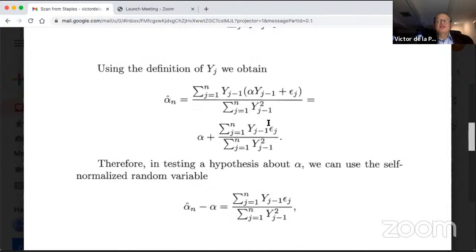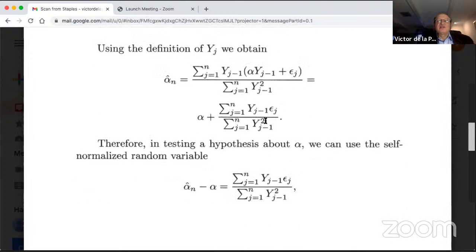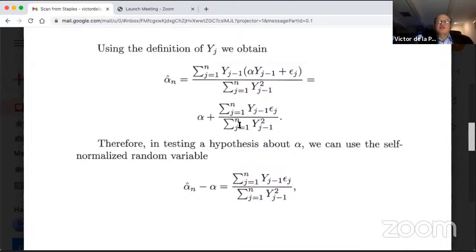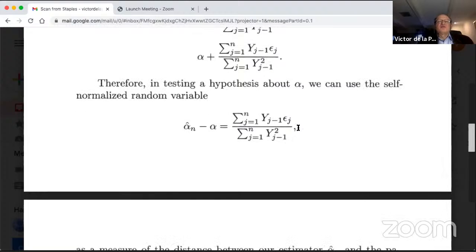So now, using the definition of yj, we obtain that alpha n hat is the sum of yj minus 1 times (alpha yj minus 1 plus epsilon j) over the sum of yj minus 1 squared, which can be written, by taking alpha outside, as alpha plus the sum of yj minus 1 epsilon j over the sum of yj minus 1 squared.